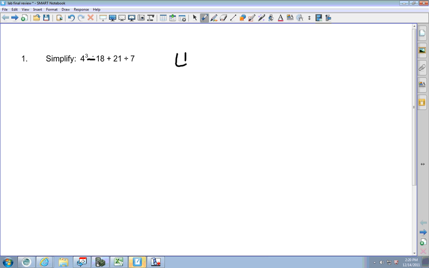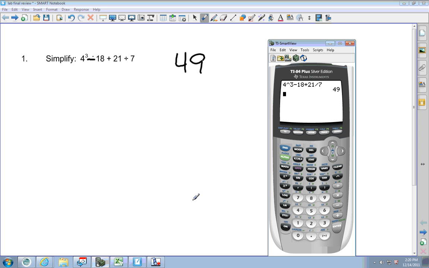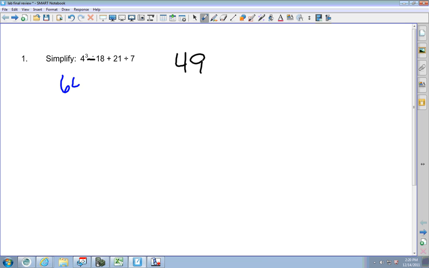Now, if you worked it out by hand, 4 to the third power, 4 caret 3, is 4 times 4 times 4. That would be 64 minus 18 plus 21 divided by 7.